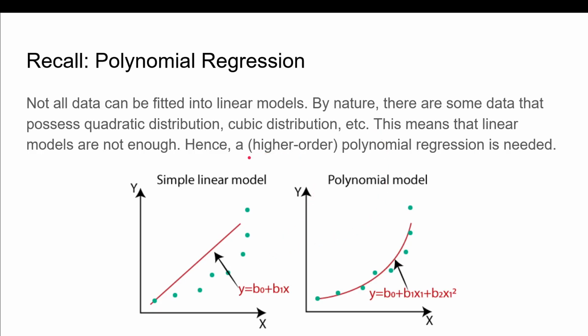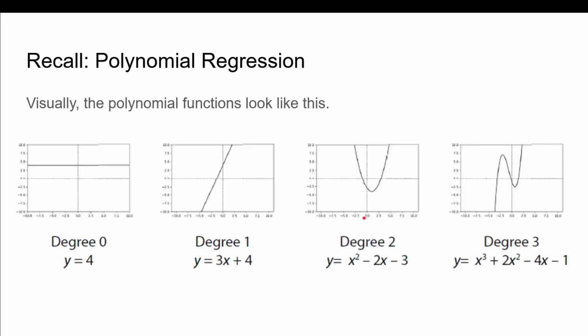And why do I say this is higher order? Because this linear model is actually a polynomial itself, but the order is 1. So this is the polynomial model when the highest order is 2. It's basically the same.